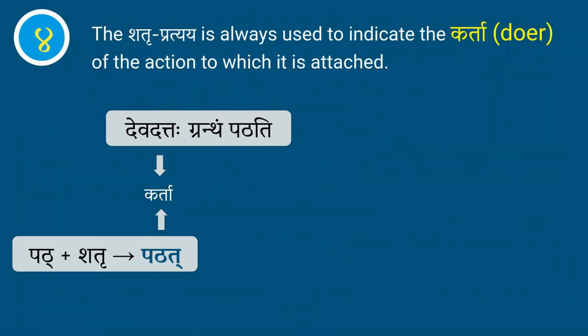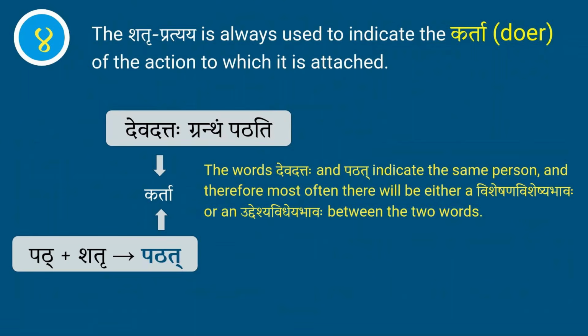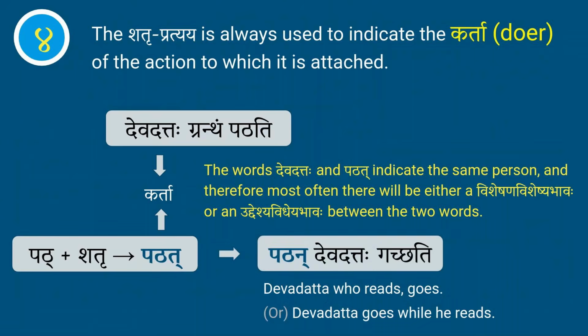In other words, Devadatta and Pathat both indicate one and the same person, and therefore there will either be a Visheshana Vishesha Bhava or an Uddesha Videya Bhava between the two words. One can use this word in a sentence along with the word Devadatta, like Pathan Devadattaha Gacchati, meaning Devadatta who reads goes, or Devadatta goes while he reads.